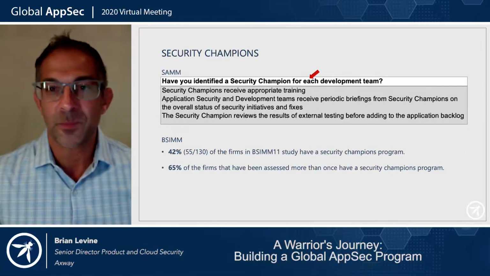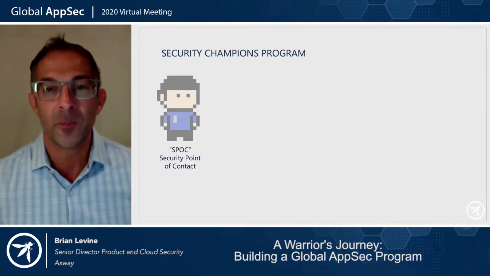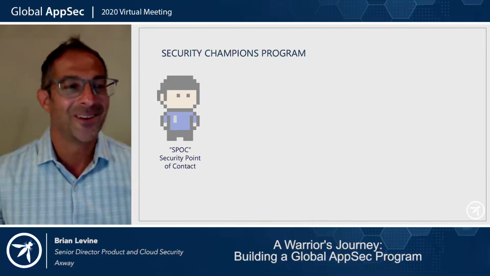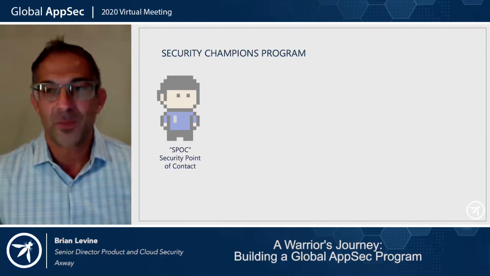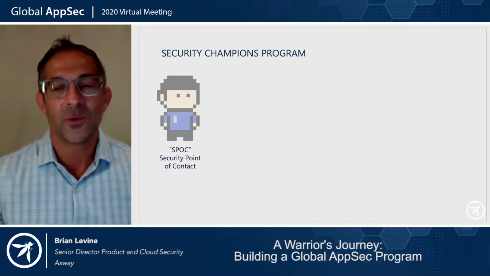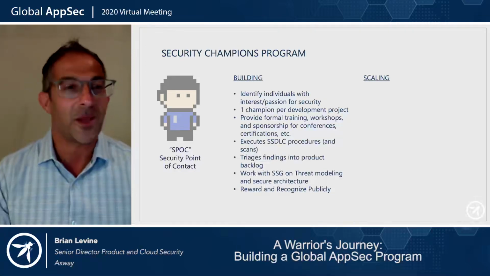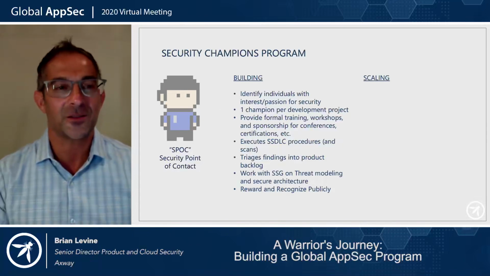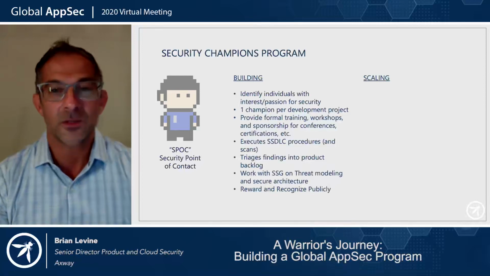So now we'll look at some specifics on building that security champions program and leveling up the security champions program. You can see also some companies call these security champions, others call it security point of contact, or the SPOC. So you can choose a creative name that works for you. But the idea here is to identify individuals with a passion and an interest for security.